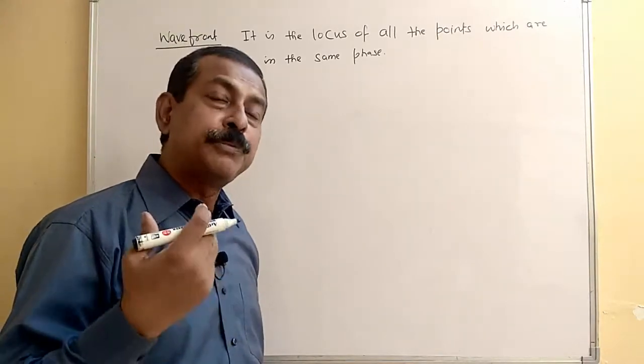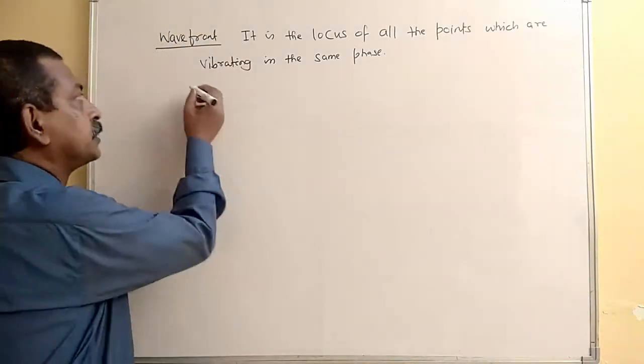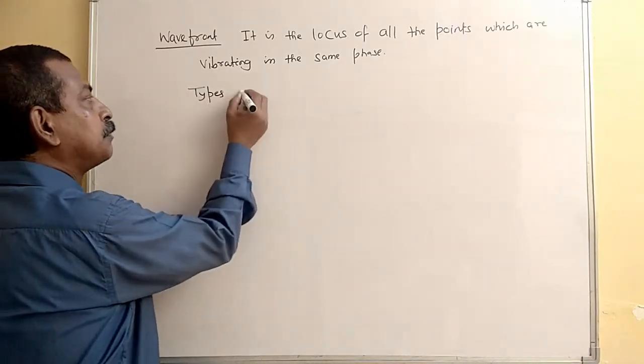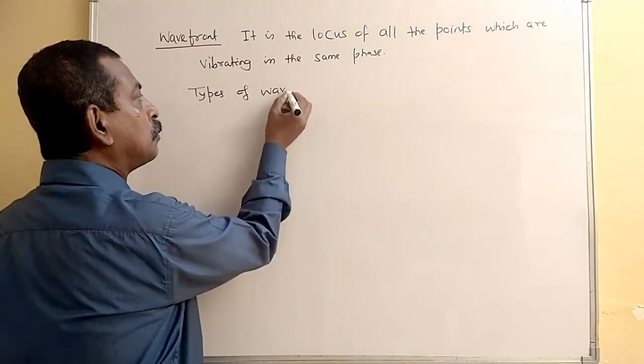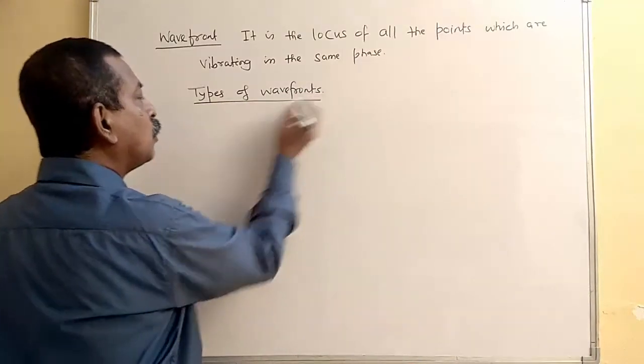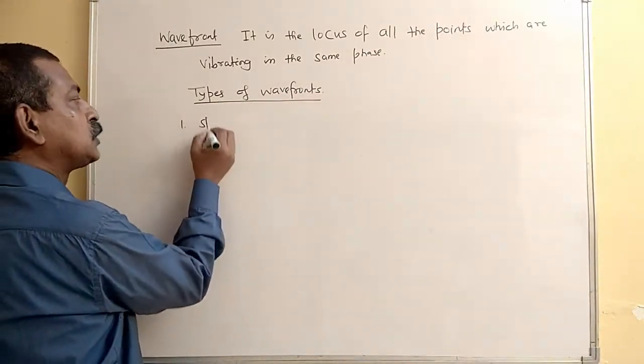Let's take now different types of wavefront what we get. So types of wavefronts. First one is a spherical wavefront.